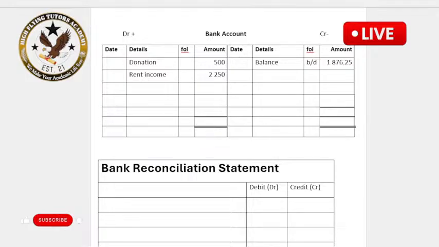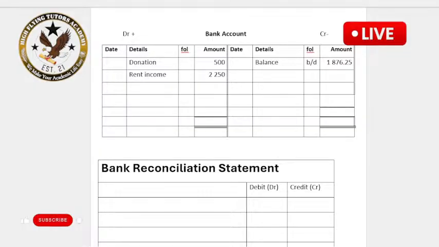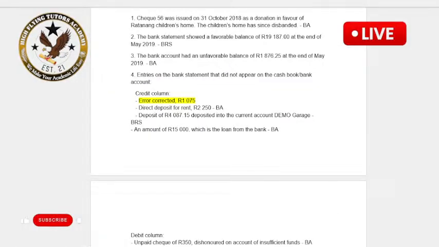and then we go to the next question. It says there is an amount of loan of 15,000, which is the loan from the bank. This one, it appears in the bank statement, and it must be recorded now in the bank account, right?